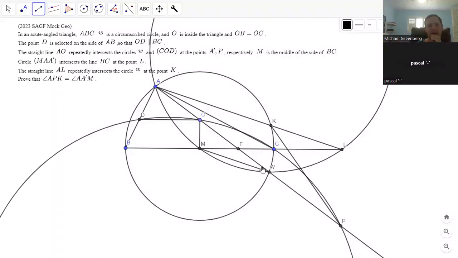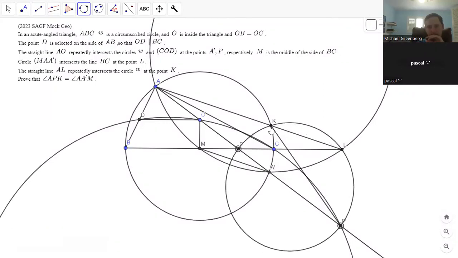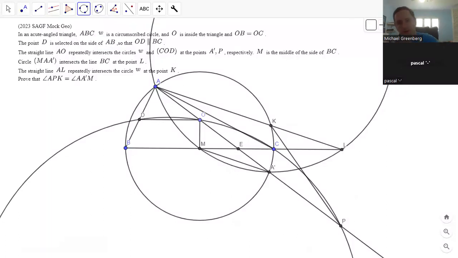A, this is not an antipode of A. That's what makes it confusing. Okay, so I kind of like the idea of showing that this is cyclic, because there's a couple ways you could think about that.